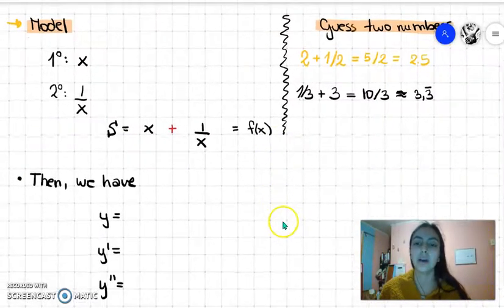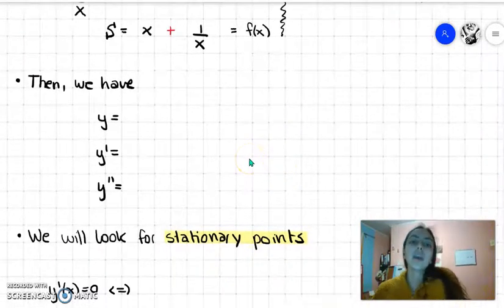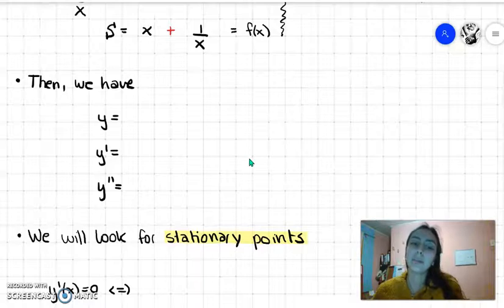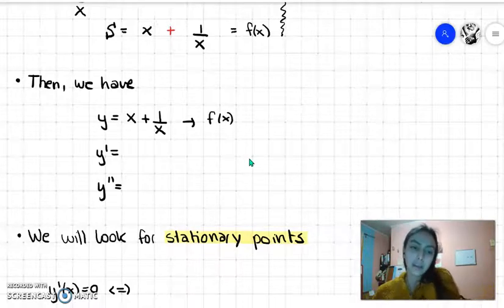So we define f, and we can say y equals x plus 1 divided by x. That will be our function f that depends on x.